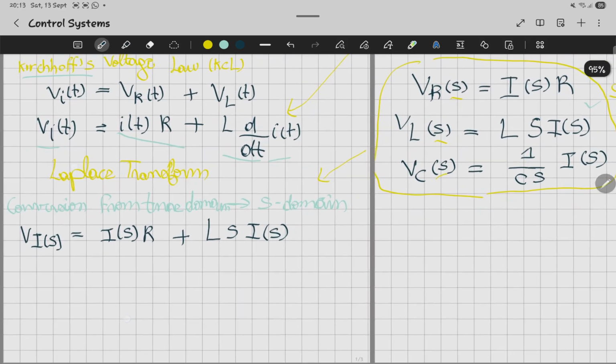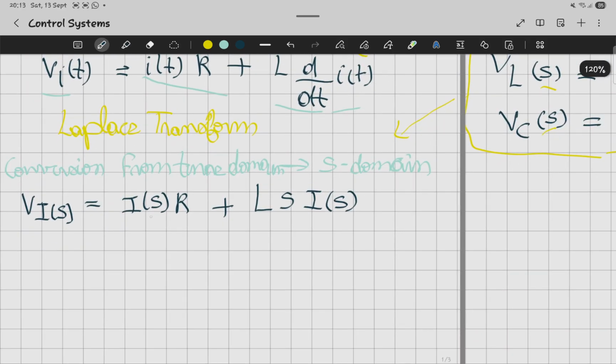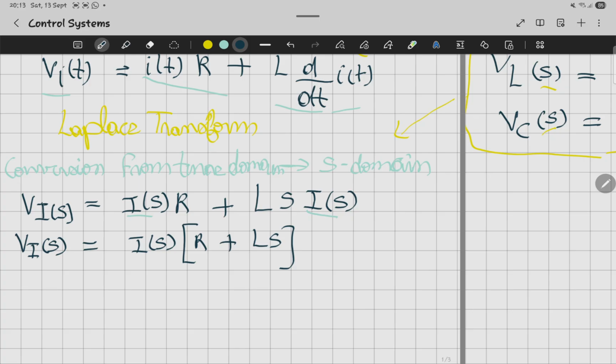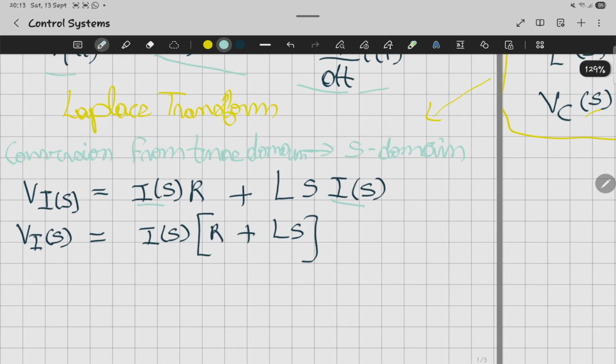So if I have to solve for the current that you see here, I'm going to factor it out. I'm going to get something like this, equal to I(S), and then you open the bracket, R plus LS, and further on we need to solve for this current.